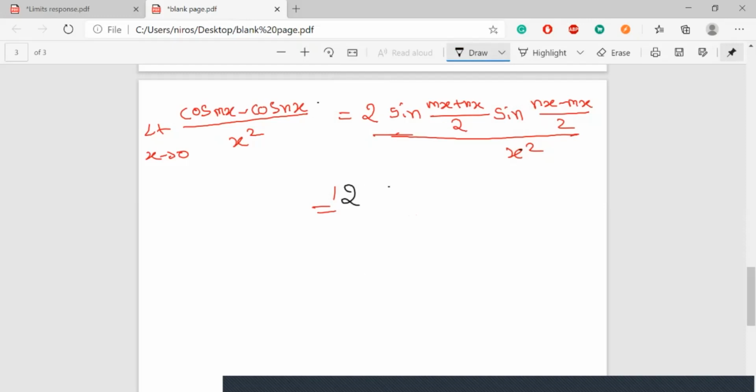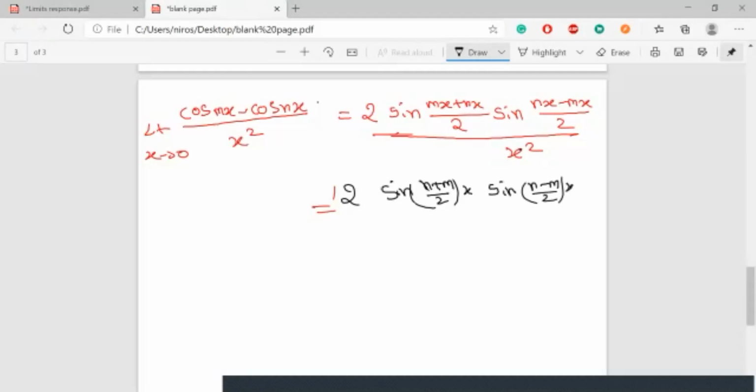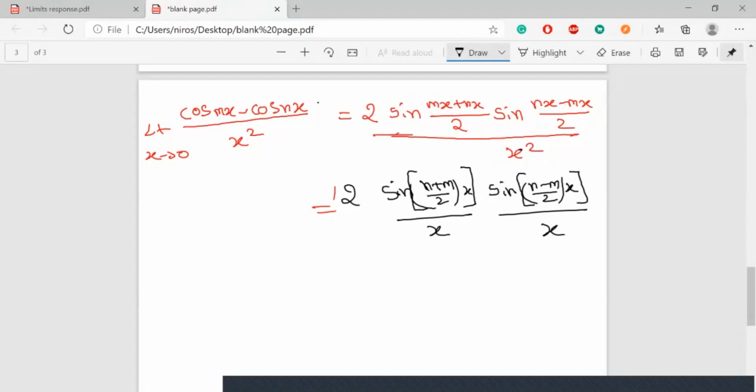Same thing to sine. I can take this x as common: (n plus m) by 2 into x, right? Sine of (n minus m) by 2 into x. See, this (n minus m) by 2 into x is one angle. I am not taking it out; it is inside the sine itself. And by x, I can write by x over here, by x over here.